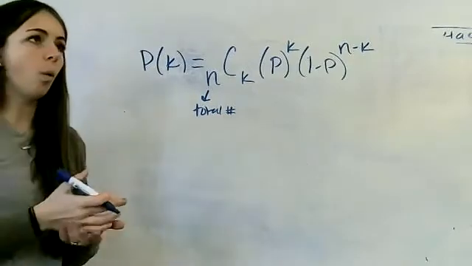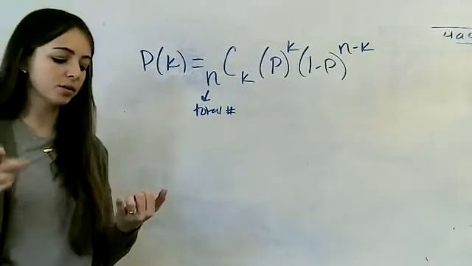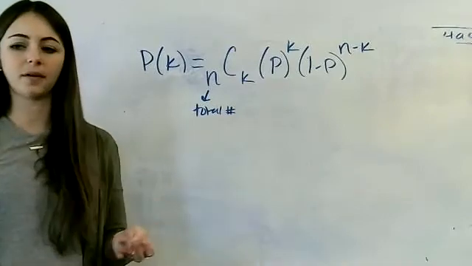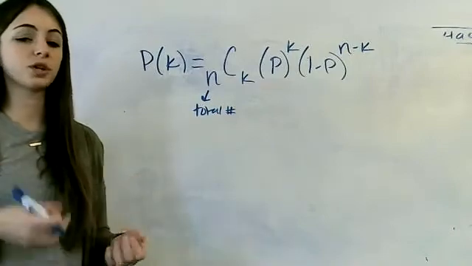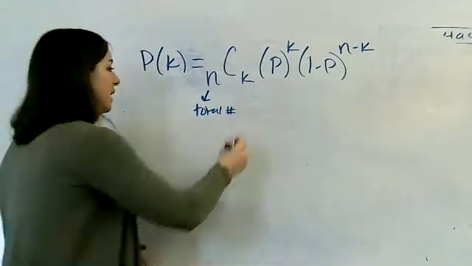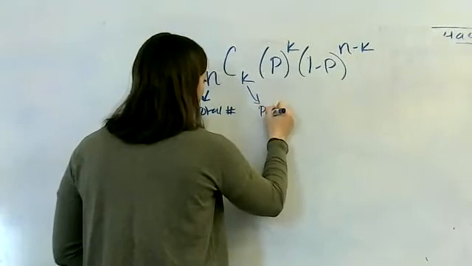Okay, and this can be a wide range of things. It can be total number of trials, total number of things you're doing in that experiment. Like, it's going to be a wide different range of specific wordings. We're saying total number. What's the total number? K is possible outcomes.